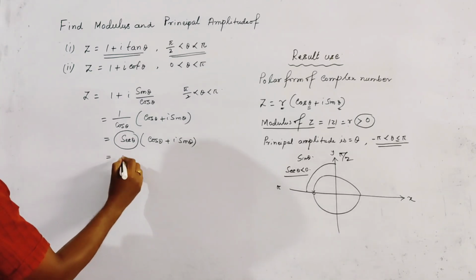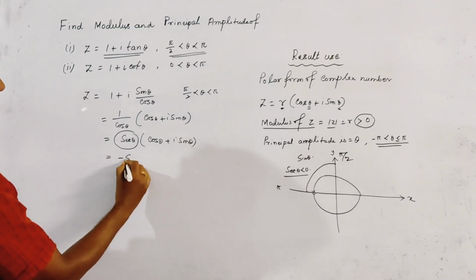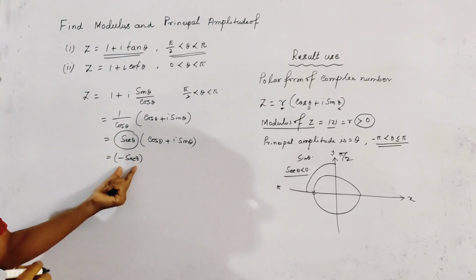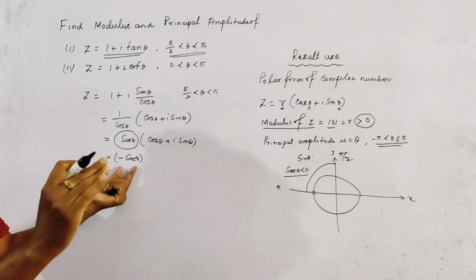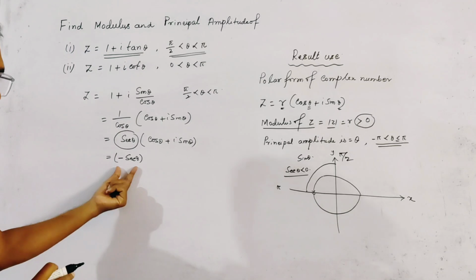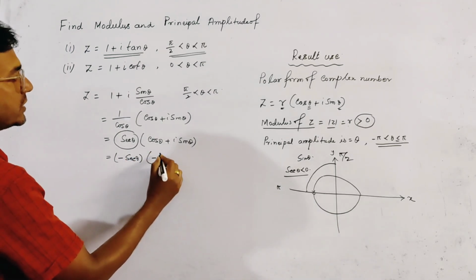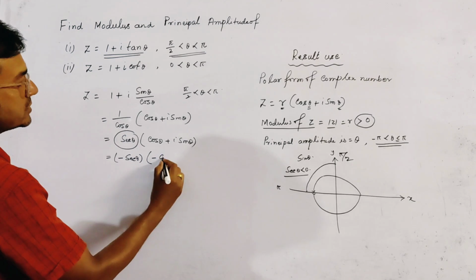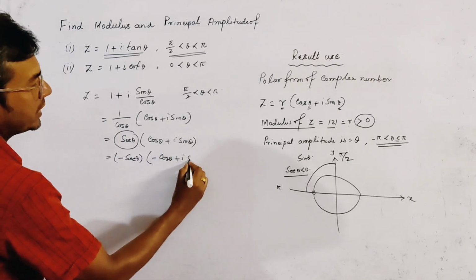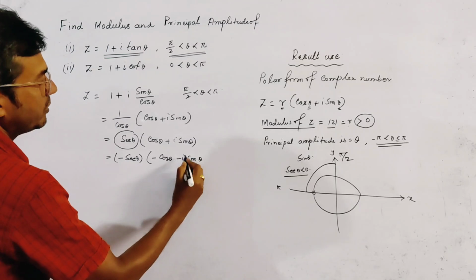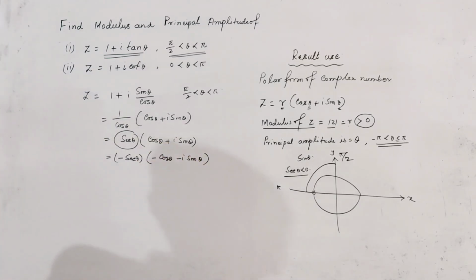So we take here an extra minus, this is minus sec theta. Now it represents the modulus of the given complex number, right? And this minus is adjusted by taking another minus here. This is minus cos theta plus i sin theta. Here also minus is given.